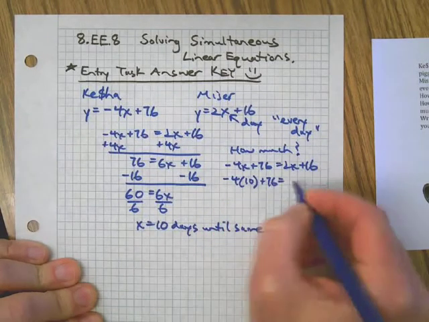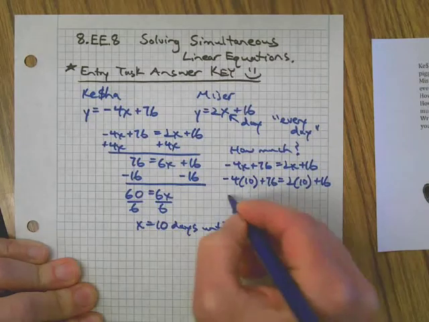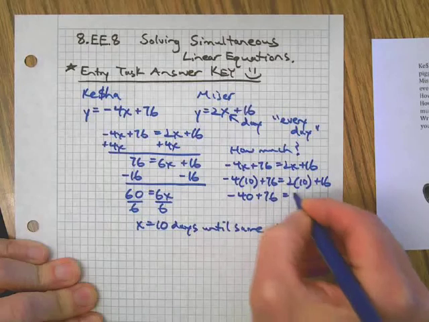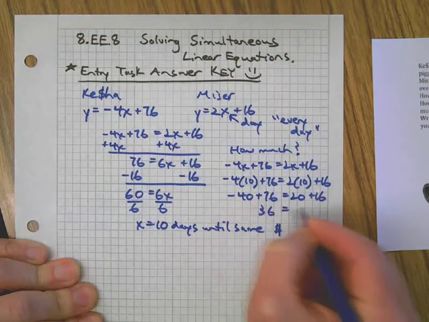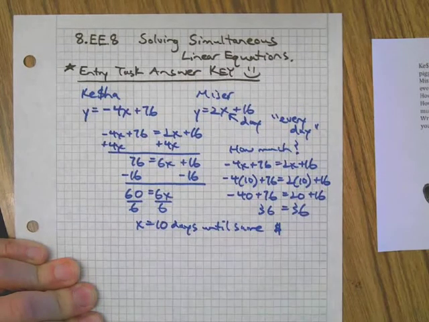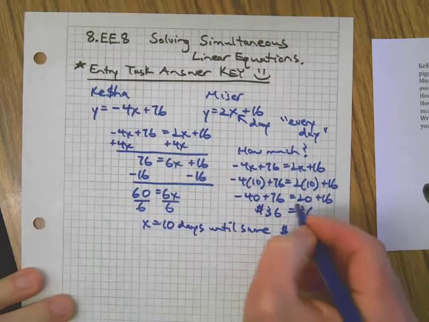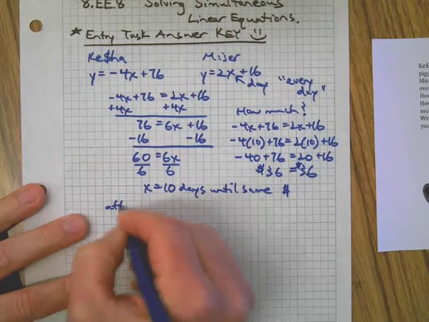It's the only difference between word problems and not word problems. Looks like it's going to be $36, but we're going to finish it out by showing our work. Okay, 36. That means we put a dollar sign next to it, it answers that question. Okay? After 10 days, they'll both have $36.